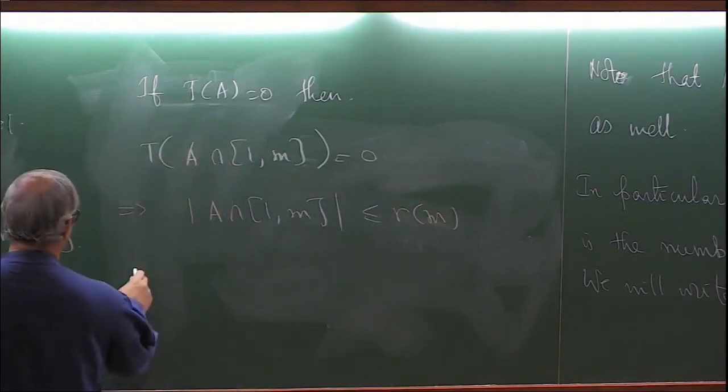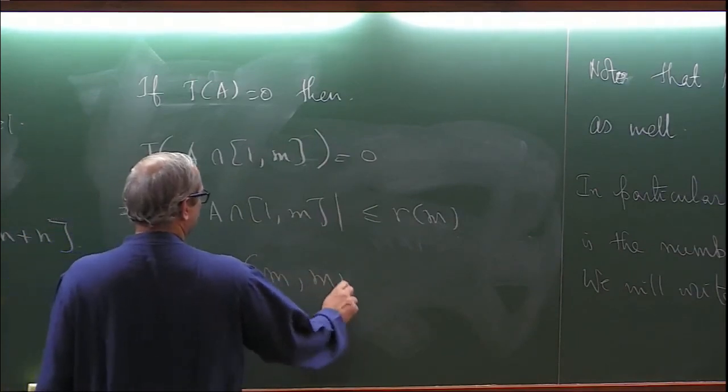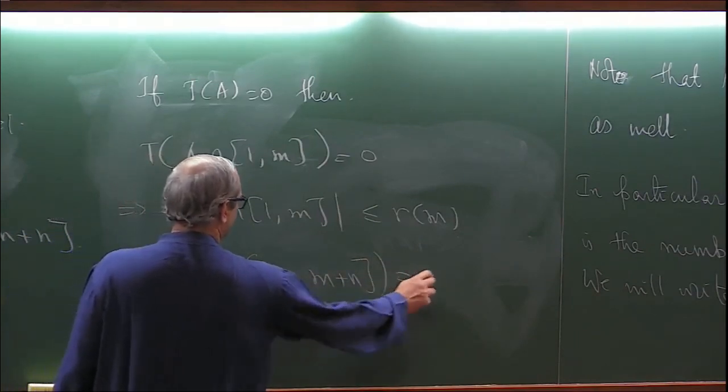And T of A intersection m to m plus n is also 0.